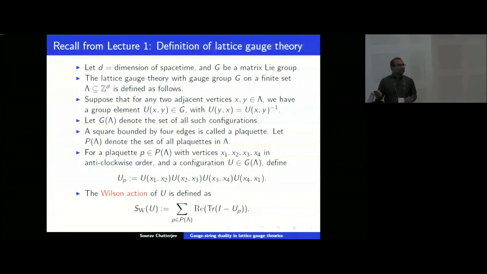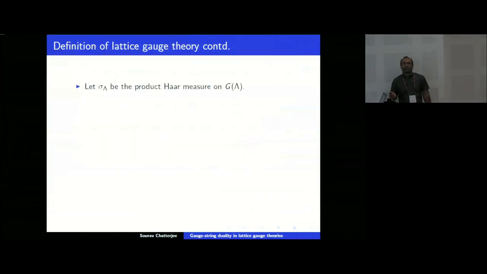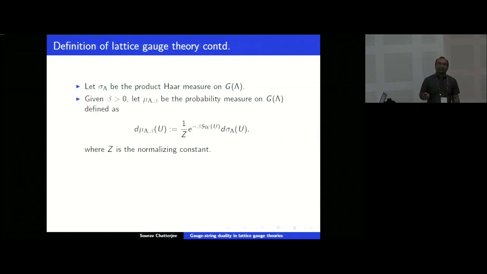Now, once you have this action, then you define the lattice gauge theory, the probability measure. So first, let σ_Λ be the product Haar measure on this configuration space, and then you define this new probability measure, which is weighting this product Haar measure by this factor e to the minus beta times the action.